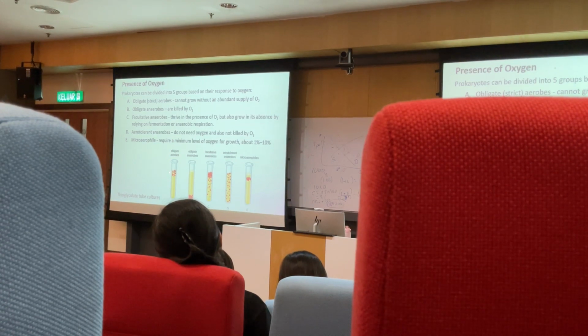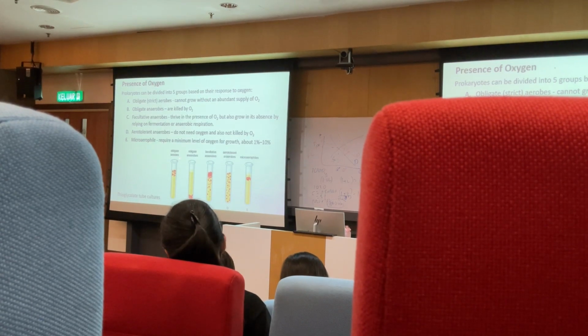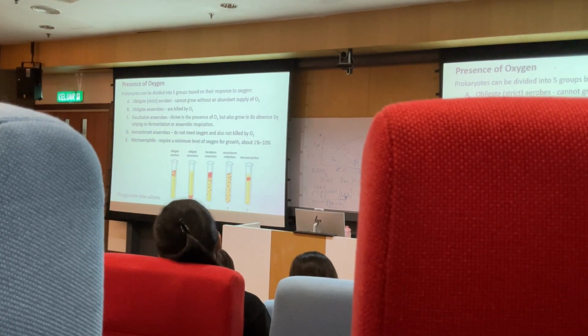You found that the bacterial growth is denser at the top. Why? Because here the oxygen diffuses in. Although you have removed the oxygen by this thioglycolate, if you are not closing the tube, oxygen still diffuses. So you found the bacteria hunting for the oxygen, and they are growing at these regions.